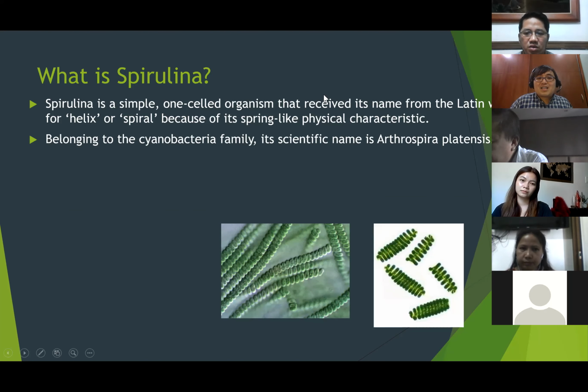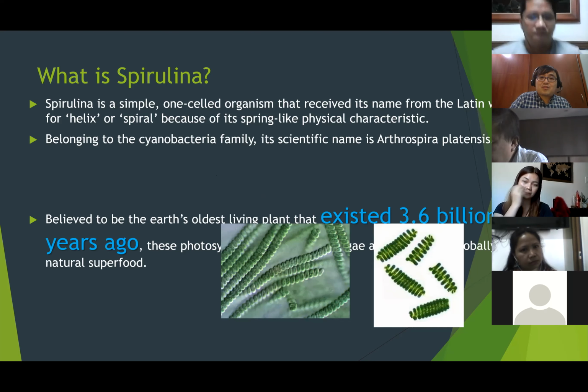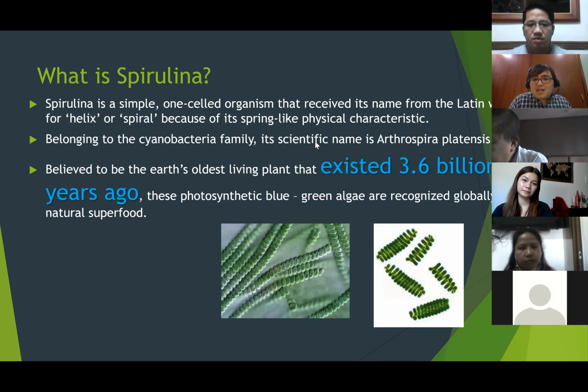It's considered to belong to the cyanobacteria family. It has lived for many years. 3.6 billion years ago, there was already spirulina. Scientists believe that any living thing that survived 3.6 billion years contains the DNA and RNA of those 3.6 billion years, because they survived all the hardship and extinctions.